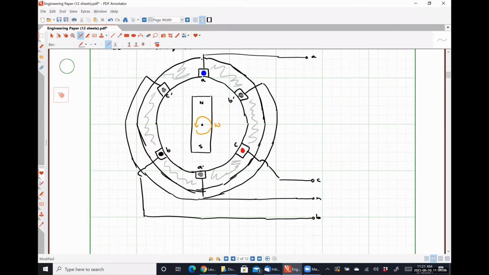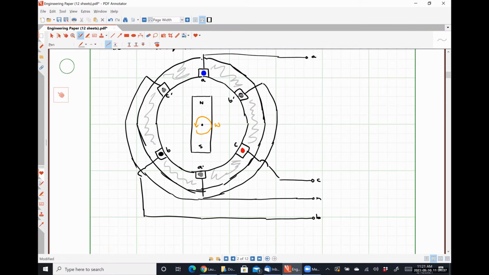So what's going to happen is as this magnet rotates, at certain points in its rotation, the magnetic flux seen by A, B, and C will be at its maximum, which will cause the voltage drop between terminals A and the neutral, B and the neutral, and C and the neutral to be at its maximum as well. Okay?